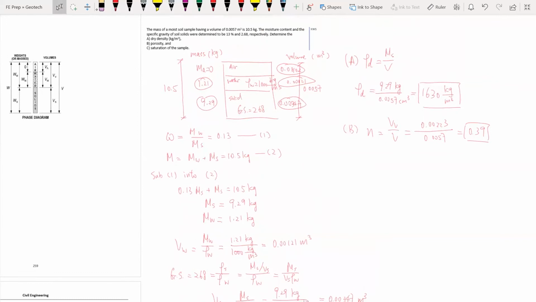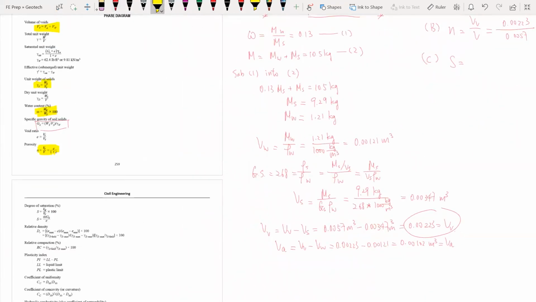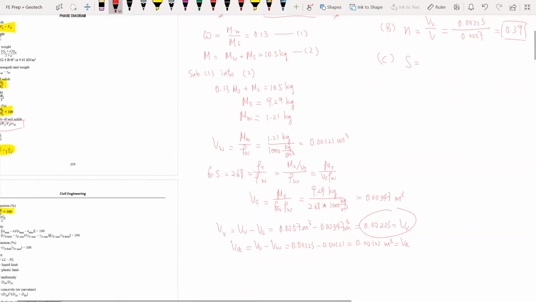Lastly, it asks for the saturation. According to our FE manual, saturation by definition is the volume of water divided by the volume of void.